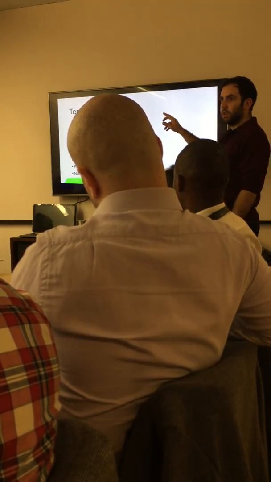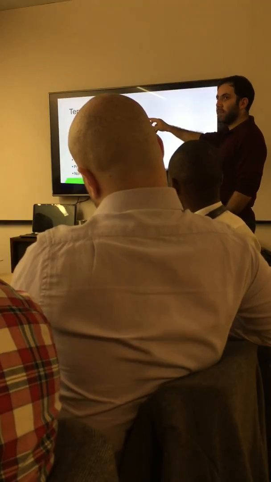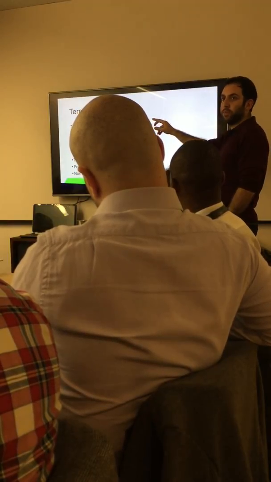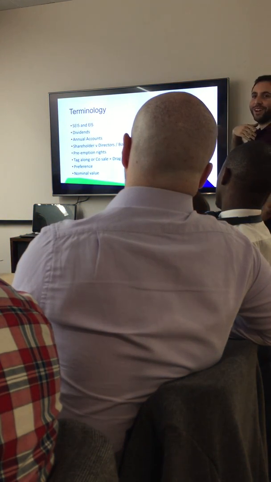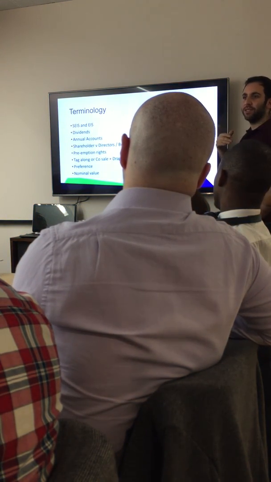I'm just gonna pull all of these up because we probably talked about quite a lot of them. SEIS and EIS we talked about, the tax relief. Dividends is a distribution of profits. Annual accounts, I've put there because if you've never actually done business annual accounts, I've had an accountant do it for me.